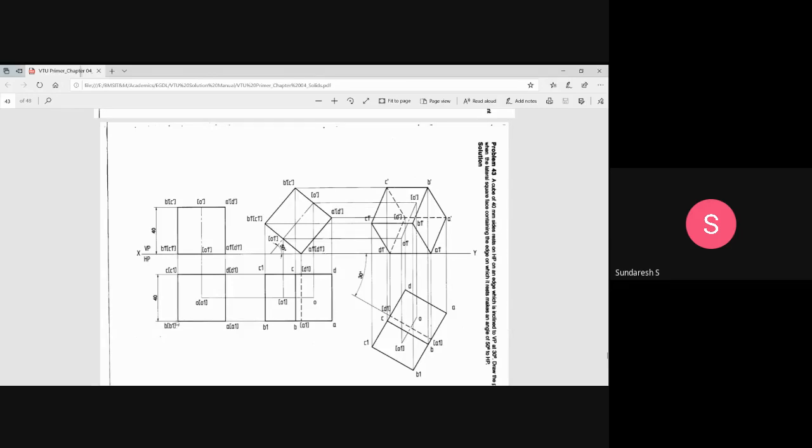Next, once you get the top view, then you can go for the front view. In the front view, because a cube has a side height equal to the side of the base, the height is also 40 millimeter. Please remember the height, the width, and the length of a cube are equal, because it is made with 6 square faces. With the 40 millimeter height, you can project all the points.